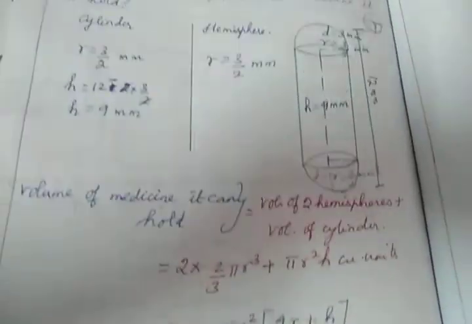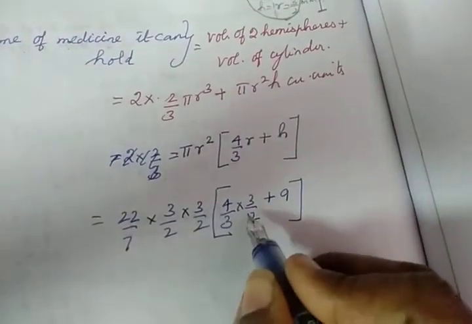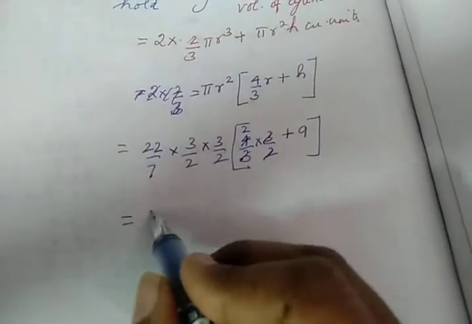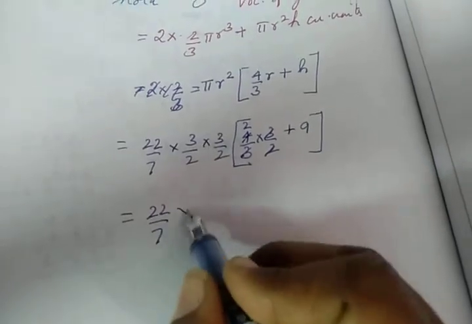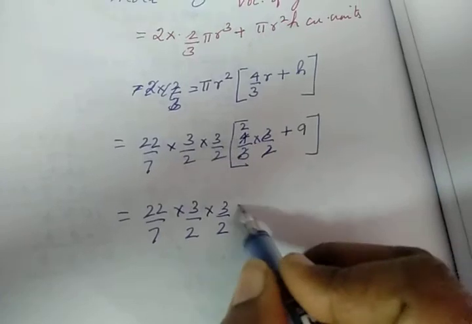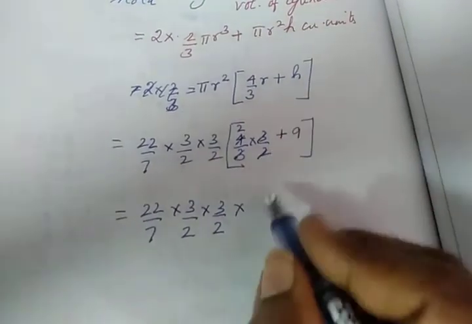Plus what is the height? Height of the cylinder is 9 millimeter. So it is 9. Now 2 and 2 will get cancelled 2 times, 3 and 3 will get cancelled. The remaining will be 22 by 7 into 3 by 2 into 3 by 2 into 2, 9 plus 2 is 11.